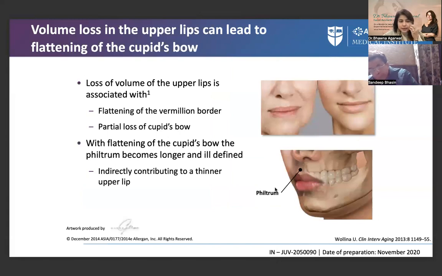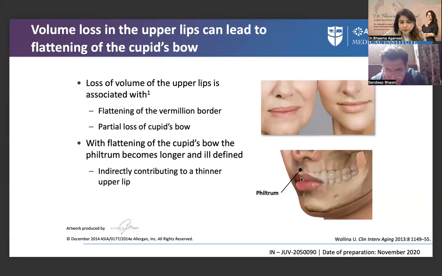So volume loss can lead to flattening of the cupid's bow. When the upper lip volume is lost, there is flattening of the vermilion border and the cupid's bow. With flattening of the cupid's bow, the philtrum becomes longer and ill-defined, indirectly contributing to a thinner upper lip. So this also becomes elongated.